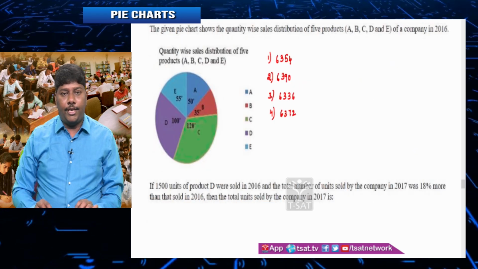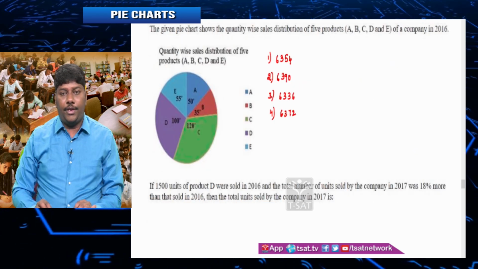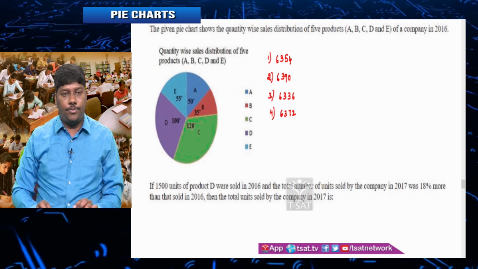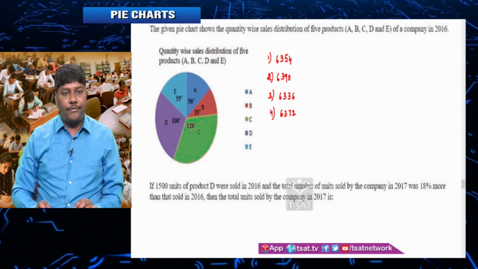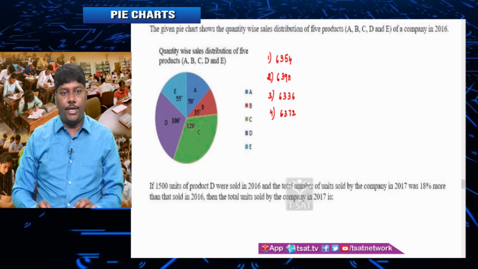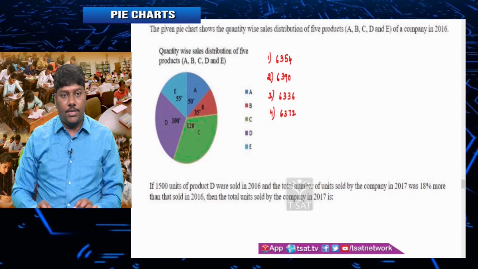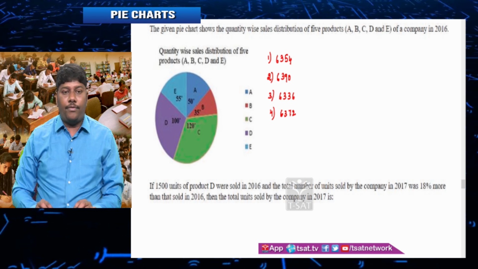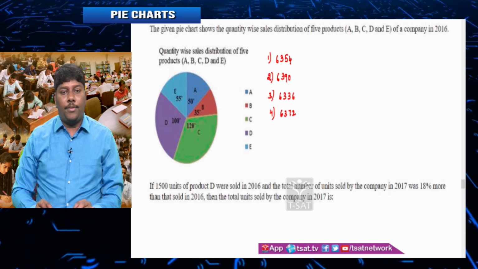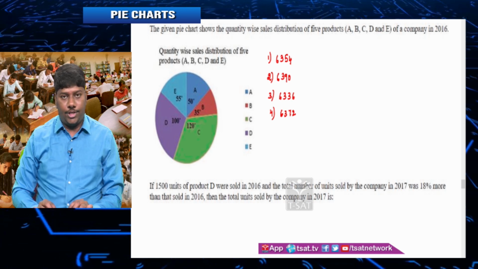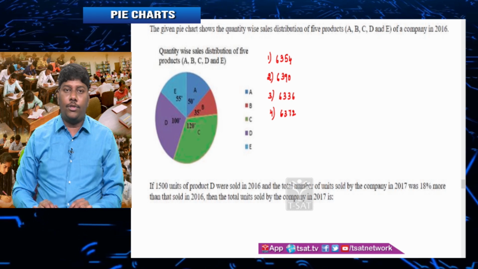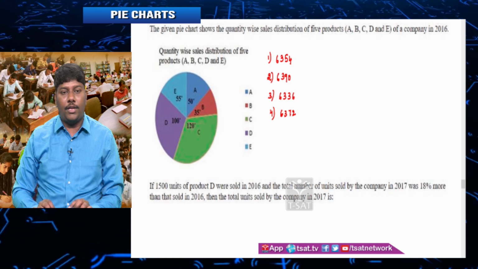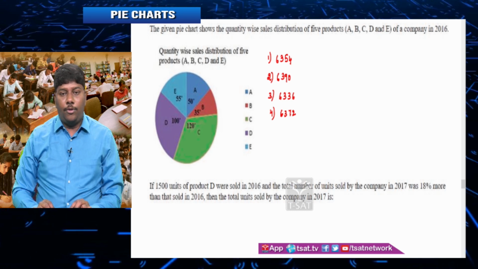The pie chart shows the quantity wise sales distribution of 5 products A, B, C, D, E of the company in 2016. A is 50 degrees, B is 35, C is 120, D is 100 degrees and E is 55 degrees, given in the graph. If 1500 units of product D was sold in 2016, D is 100 degrees. That 100 degrees is actually 1500 units sold by the company.